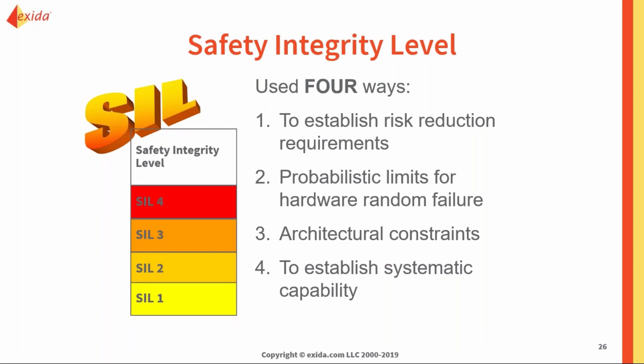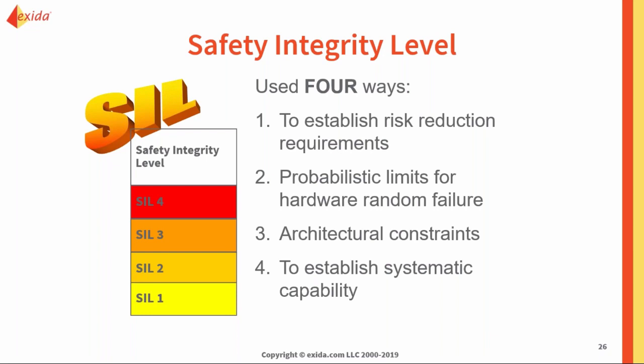And then finally, we have to establish systematic capability. Once again, we're looking at it not just for each device, but for the entire SIF, the entire safety system. Are each of those pieces, the logic solver, the sensors, all of the final elements, systematically capable rated? If you need your entire safety system to be a SIL 3, is each one of those devices SIL 3 rated?